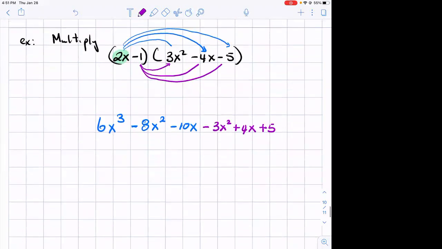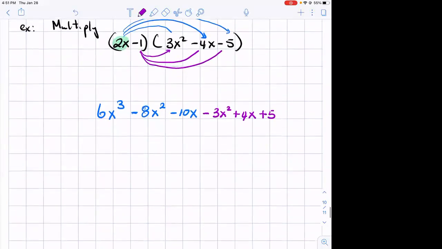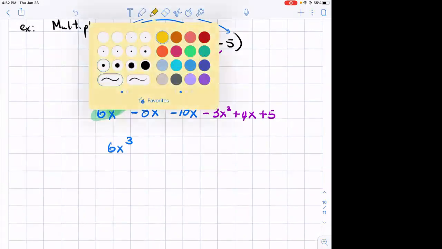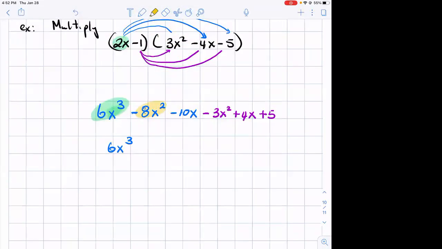We're not quite finished because I see we have like terms. So first, we have a cube term. Any other cube terms you see? I don't think so. So we bring down that cube term, 6x cubed. Then we move to other terms. Here we have a square term. Any other square terms? Yes, we do. So minus 8 minus 3 becomes minus 11x squared. Okay?